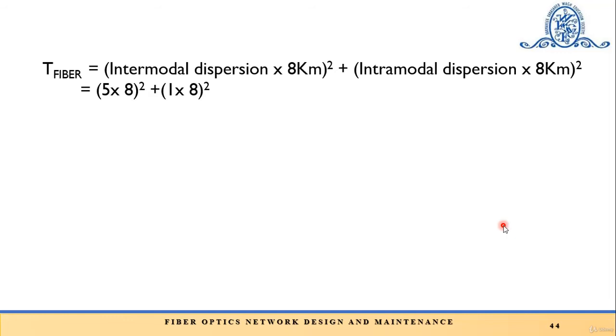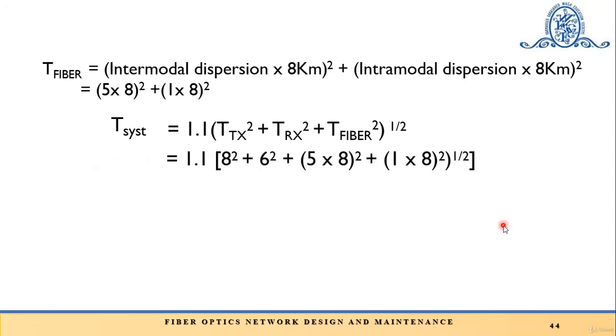So as the dispersions are specified per kilometer and the link length is given as 8 kilometers, we can calculate the fiber rise time as 5 multiplied by 8 square plus 1 multiplied by 8 square, and then take the square root, and then putting the value in system rise time formula, we can find out the system rise time as 46.2 nanoseconds.